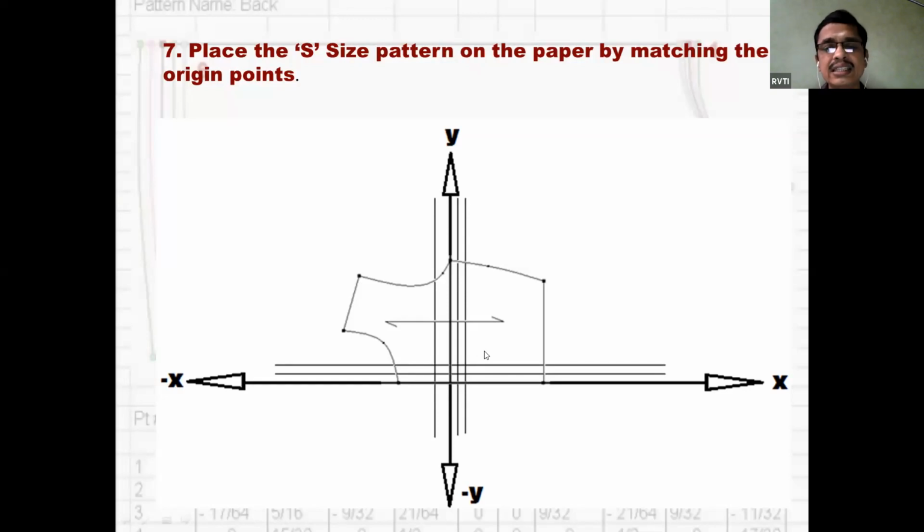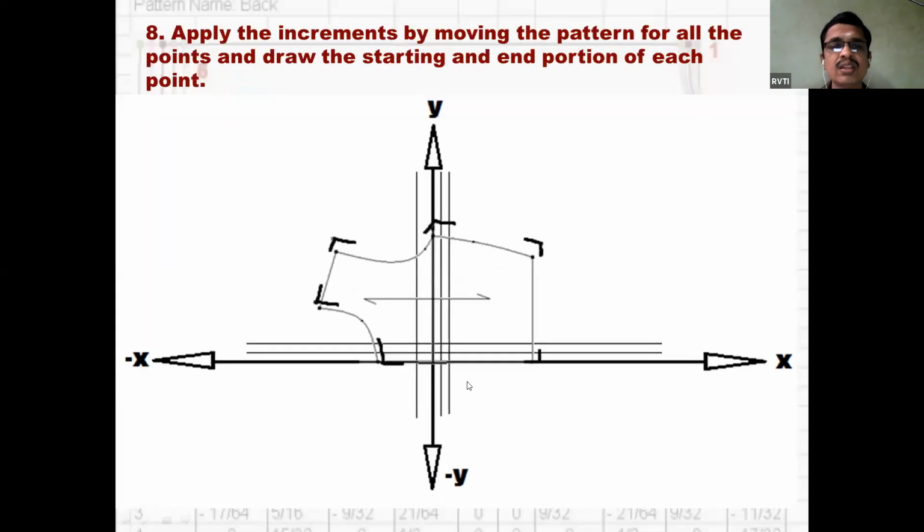Here you see the pattern is moved on the tracks. It is being shifted on the tracks, hence it is called the track shift method. Finally, for point number 1 I draw the increment, then point 2, point 3, point 4, point 5.